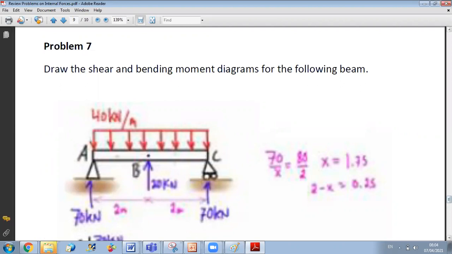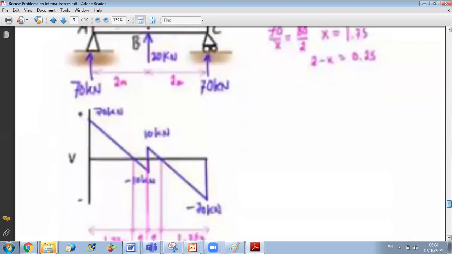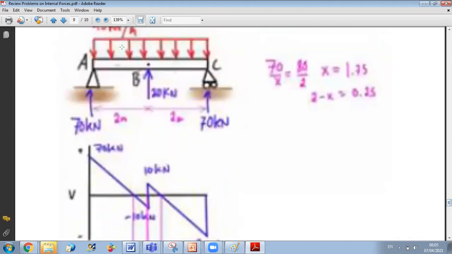So we said first that since we have a positive reaction at A, we start from a positive value of plus 70. Then, because we have a constant distributed load equal to 40 and it's downward, the shear is linear decreasing.